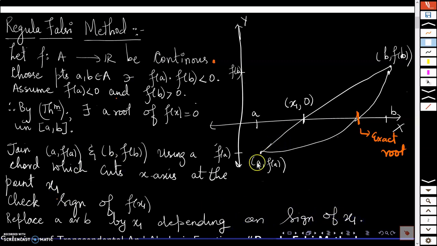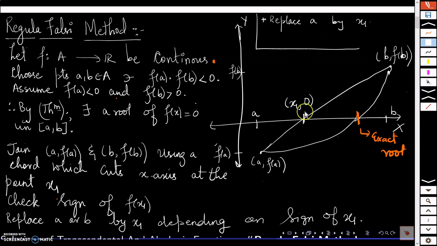Right, so in this case f of a is negative and f of x1 is also negative. So what we are going to do in this particular case is replace a by x1.